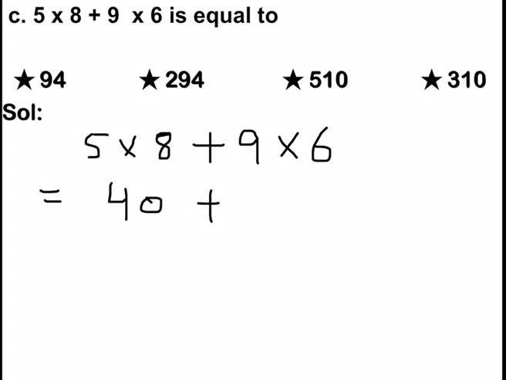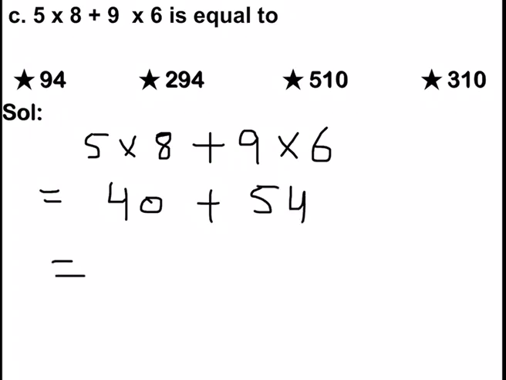Plus, now 9 multiplied by 6. 9 1s are 9, 9 2s are 18, 9 3s are 27, 9 4s are 36, 9 5s are 45, 9 6s are 54.